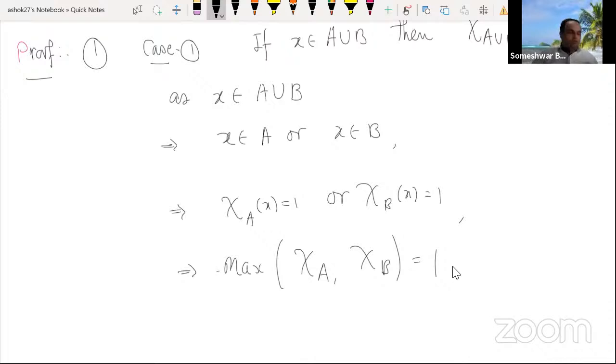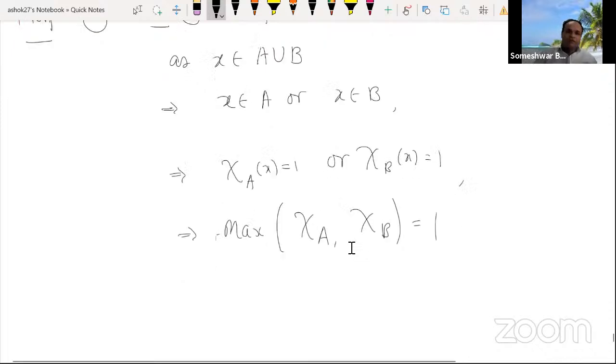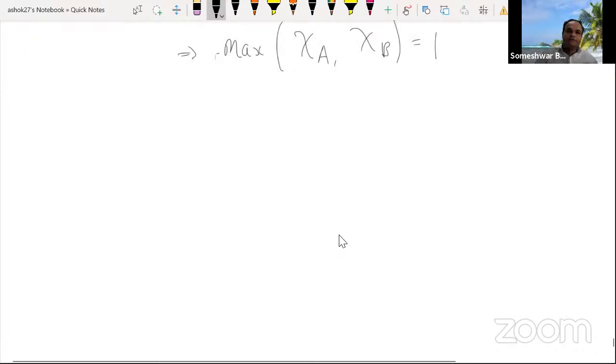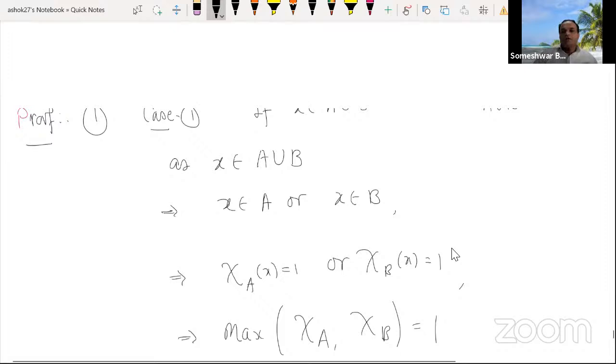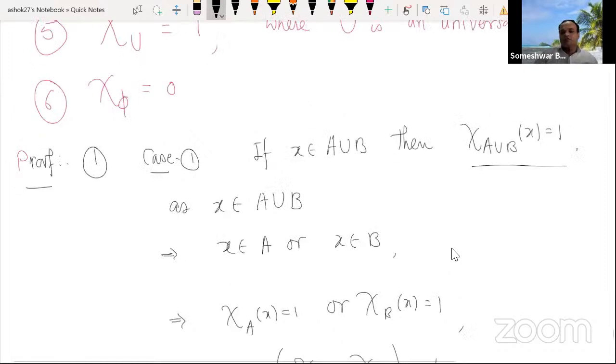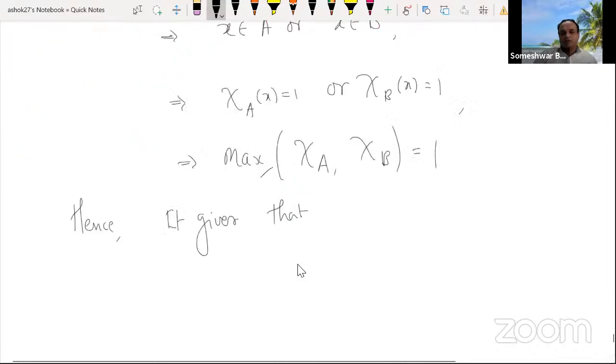Hence it gives that we have already seen chi of A union B of X is 1, and here we obtain that the maximum of chi of A and chi of B is 1.